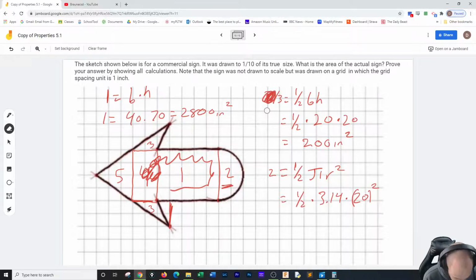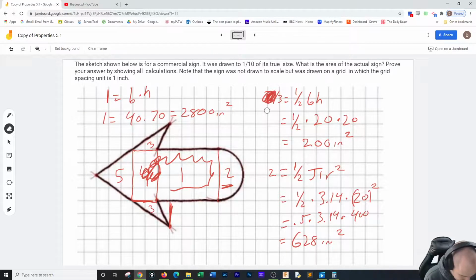So 20 squared is 400, times 3.14, times 0.5. It's going to equal an area of 628 inches squared.